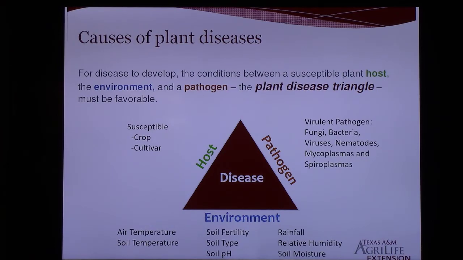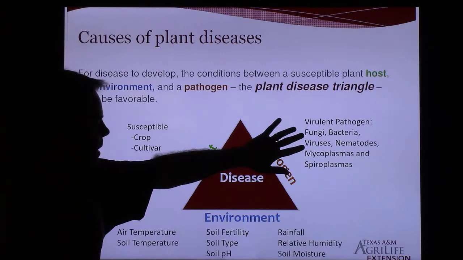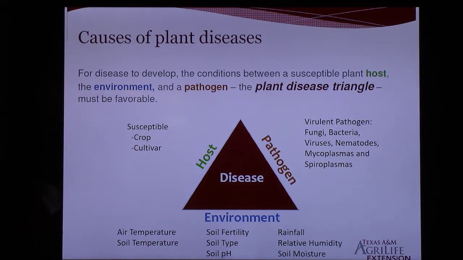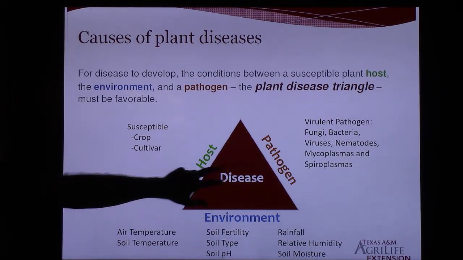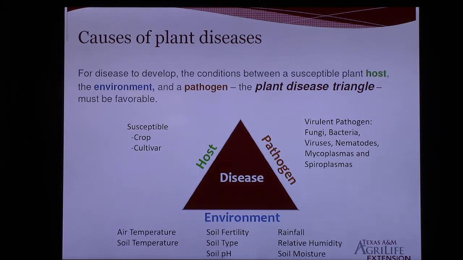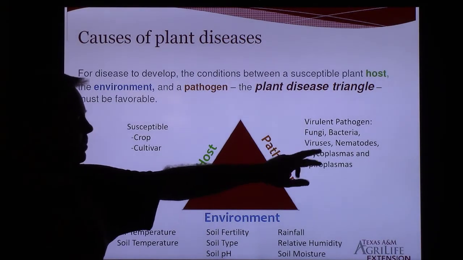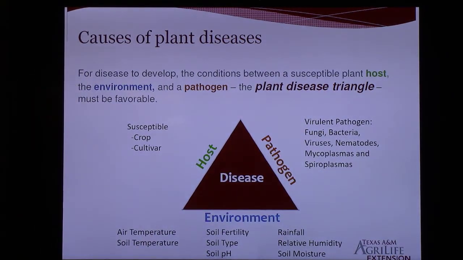They're actually forms of bacteria, but whereas fungi and bacteria have a cell wall that makes up the organism, these mycoplasmas and spiroplasmas are actually forms of bacteria that lack a cell wall. So very, very primitive in nature. We don't hear a lot about these. A lot of times they're lumped in with bacteria.